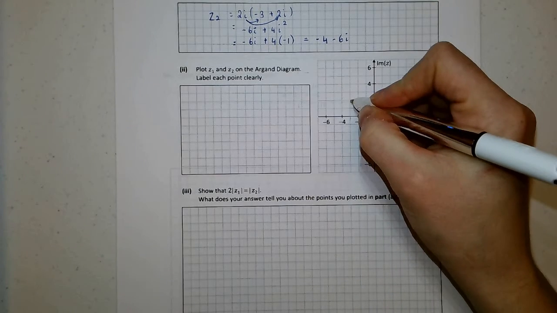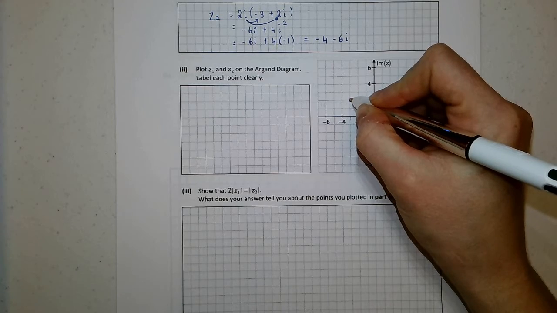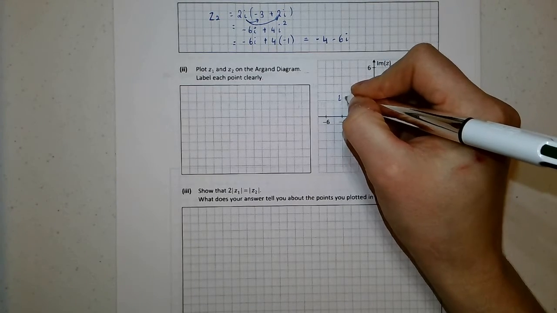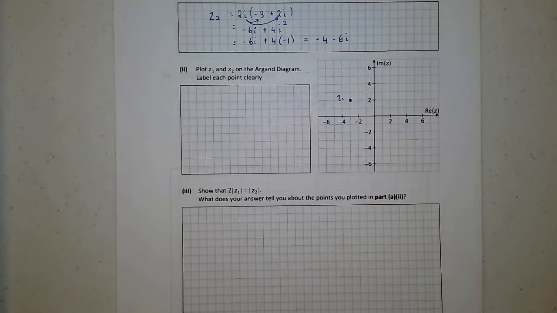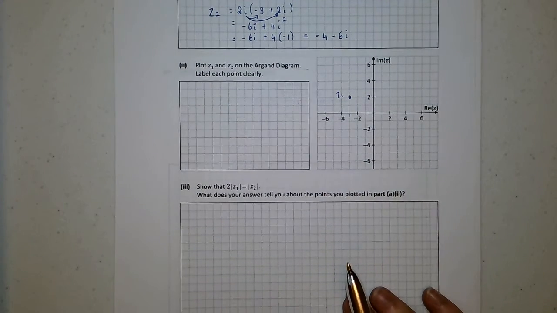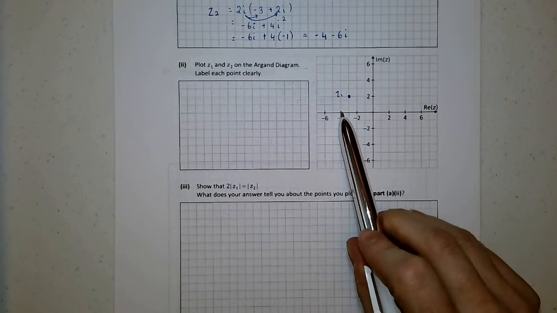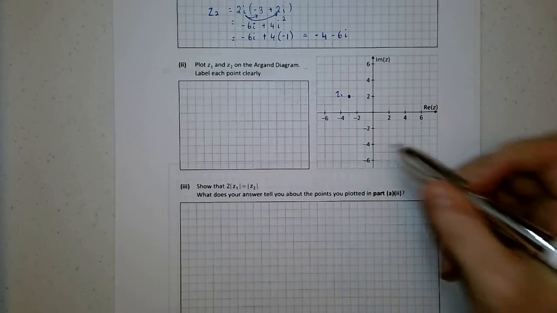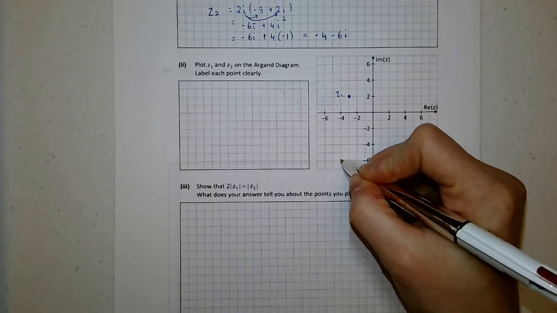So minus 3 plus 2i is here. And we'll just label that clearly, z1. And then our z2 is minus 4 minus 6i. So we go out to minus 4 on the real axis and down to minus 6 on the imaginary axis. So this is our point z2.